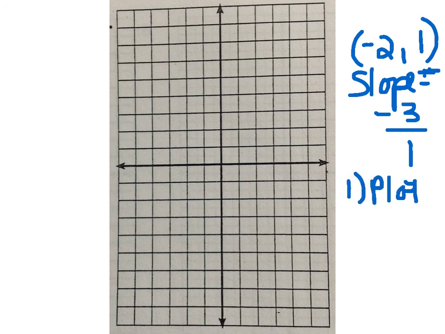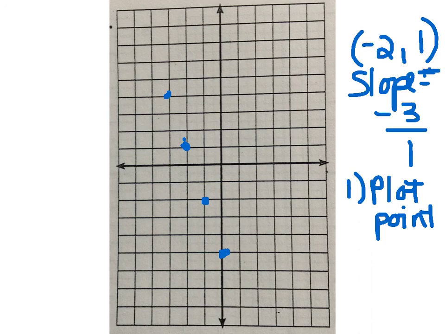I first plot the point. So the point negative 2, 1 is over 2, up 1. And from this point, because this is a point on the line, I go down 3 and over 1. Down 3 and over 1. And that is the same as going up 3 and to the left 1.